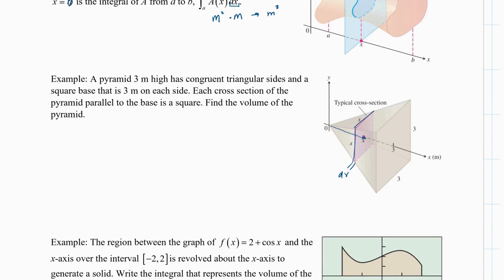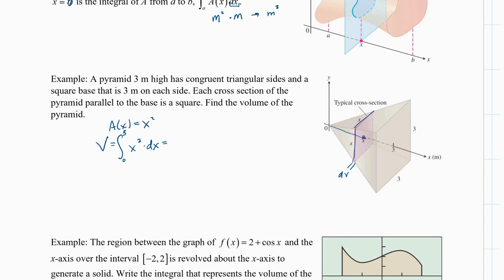So we can think of the cross-sectional area as being x squared. Therefore, the volume is x squared times dx, and again, that's a little bit of volume. We would like to add up all those little volumes as x varies from 0 to 3. And there's our expression to represent that volume.